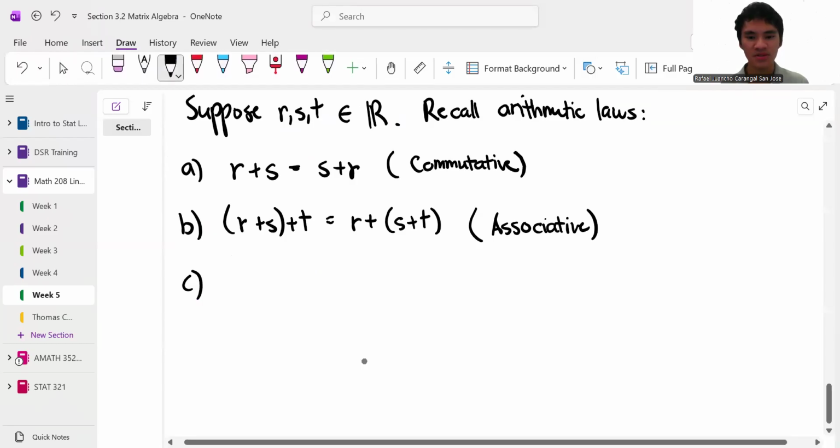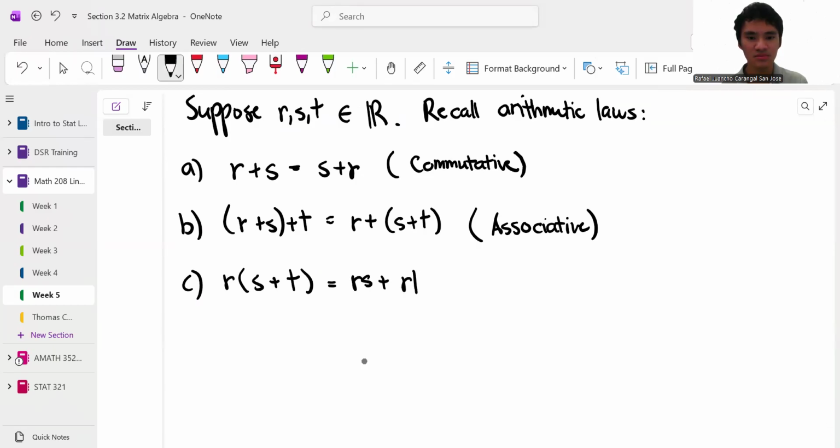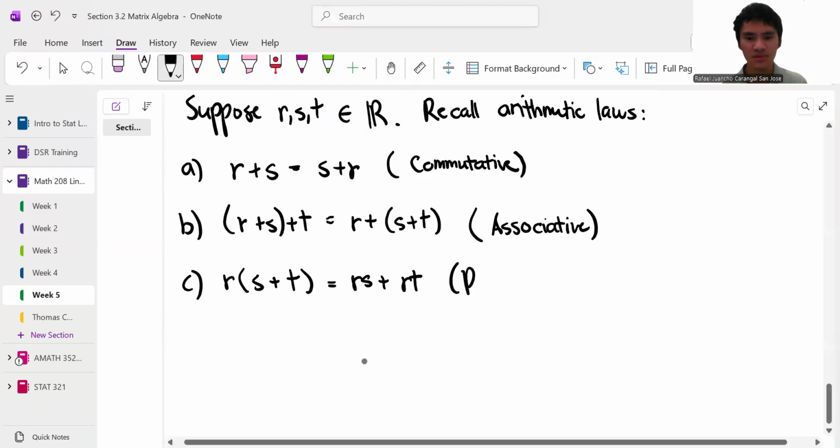Then we also have distributive property. So when we distribute, these are all some stuff that we know in lower level math.